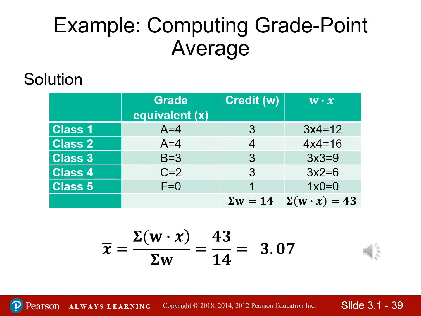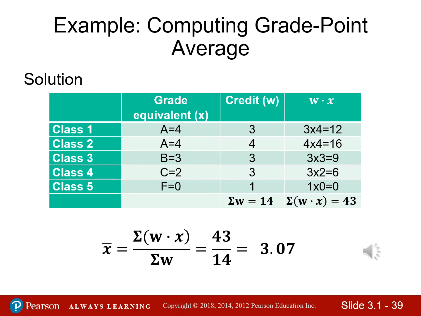We do that for all 5 classes, and then we sum up the total of the last column on the right. We also need the summation of the total of the weights. So we sum up that third column, where credit is considered weight. So in the end, our sample mean is 43 divided by 14 equals 3.07.